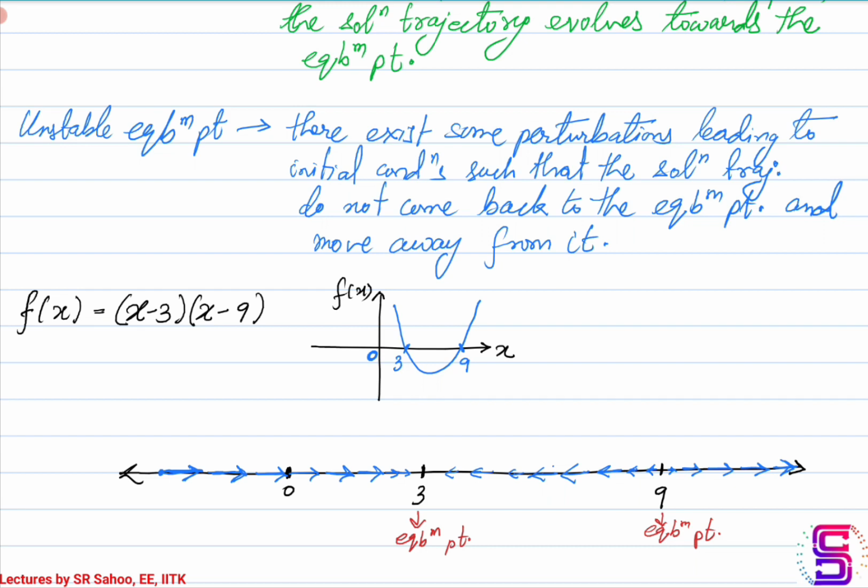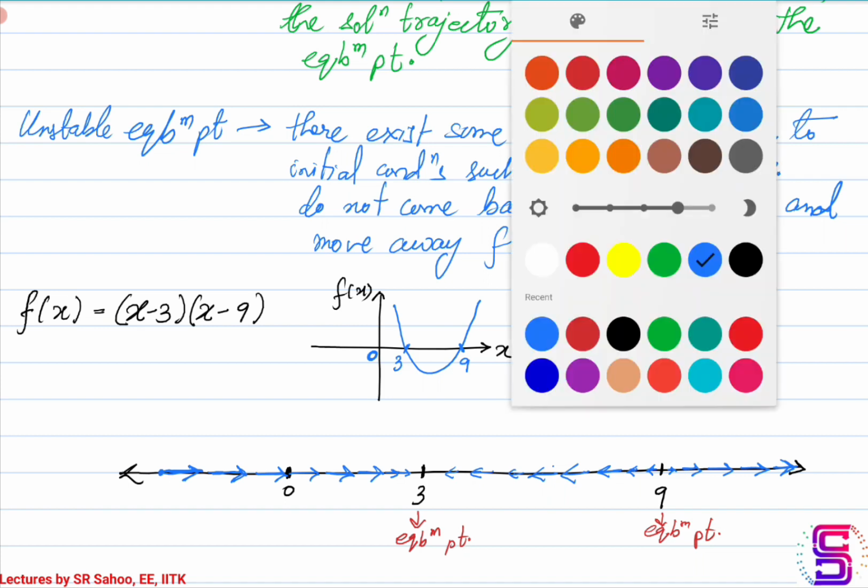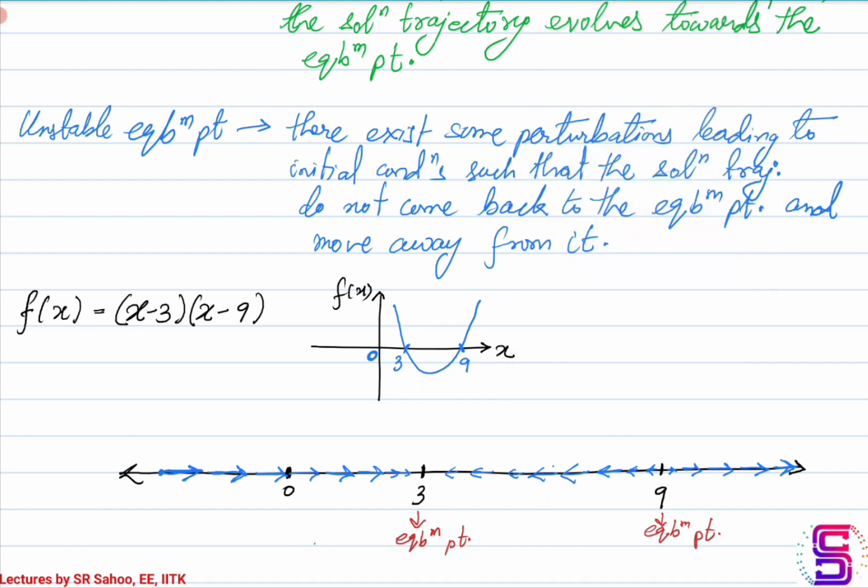So with equilibrium point x equal to 3 under consideration, in both directions the system has a tendency to move towards it, and hence we classify this equilibrium point as a stable equilibrium point.